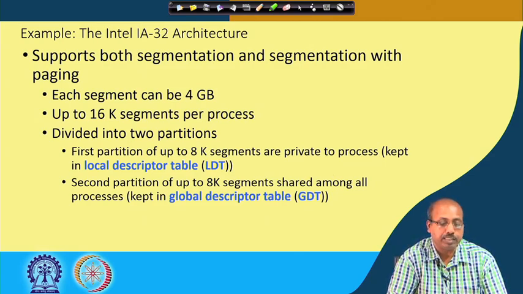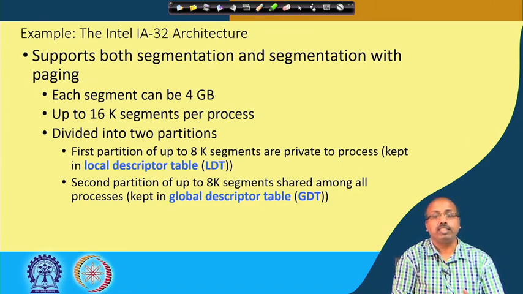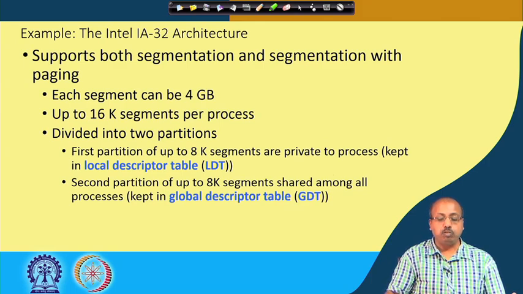into a number of pages. Each segment can be 4 GB long, and it uses up to 16 K segments per process. So, every process can have 16 K segments, where each segment can go up to 4 GB at most. So, a huge amount of logical address space is created. It is divided into two partitions.